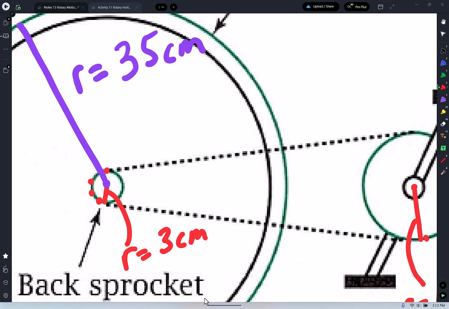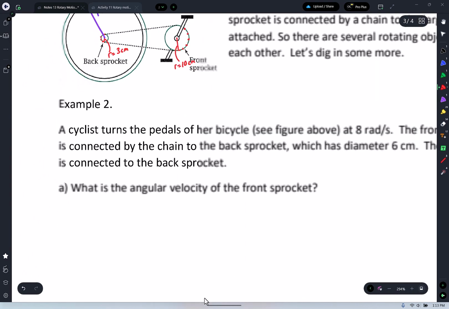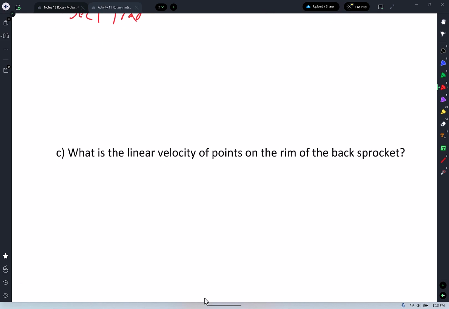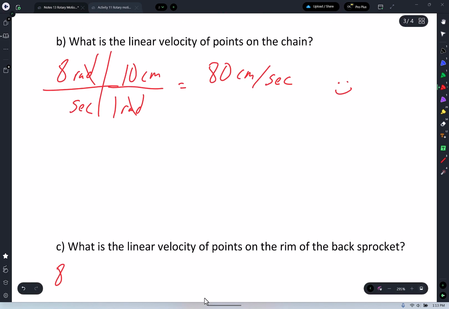If you're not going 80 centimeters per second right there at the edge of that back sprocket, then that chain is falling down. Do we get it, guys? So it has to. It's connected to the chain, guys. So we're going to say, what is the linear velocity of points on the rim of the back sprocket? 80 centimeters per second.